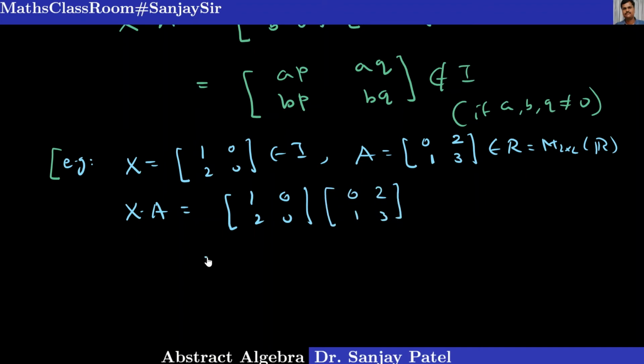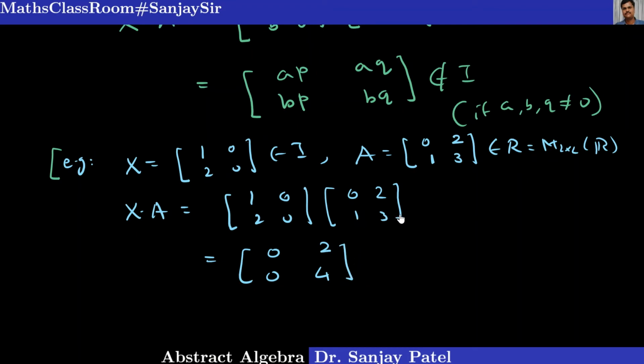Let us multiply these two. So 1 into 0 plus 0 into 1, that is 0. Then 1 into 2 plus 0 into 3, so it is 2. Then 2 into 0 plus 0 into 1, so this is 0. Then 2 into 2, that is 4, plus 0, so this is 4.